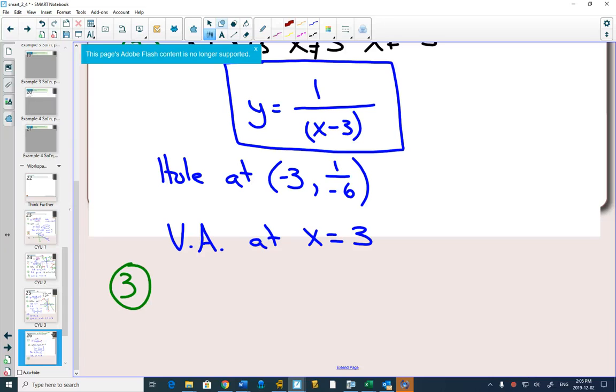What happens when the degree is larger in your denominator? Is that an oblique asymptote or horizontal asymptote? Horizontal. So whenever the degree is larger in your denominator, you always have a horizontal asymptote at y equals 0.